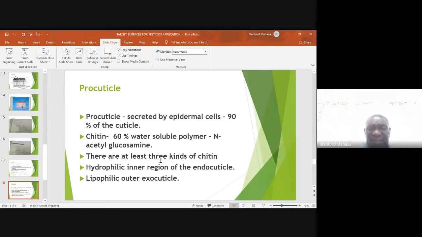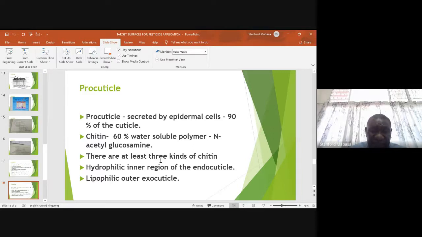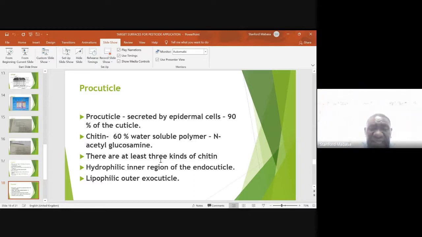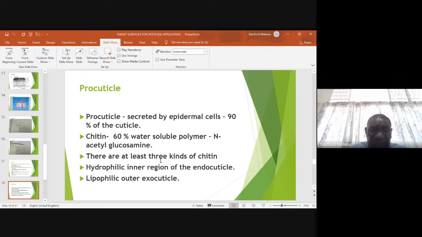So there are at least 3 kinds of chitin. The hydrophilic inner region of the endocuticle and the lipophilic outer exocuticle. The lipophilic outer exocuticle may prevent water from passing, but the hydrophilic inner region may allow water to pass through.